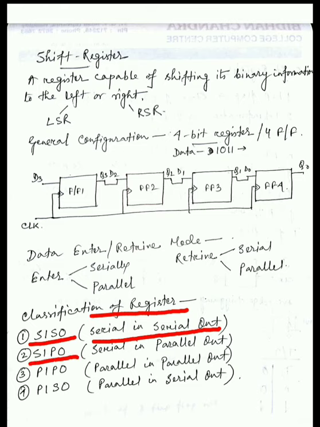Serial in, parallel out: data is input serially and retrieved in parallel. Parallel in, serial out: data is input in parallel and retrieved serially. Parallel in, parallel out: both input and output are in parallel. Now we are going to study these 4 types of shift registers one by one.